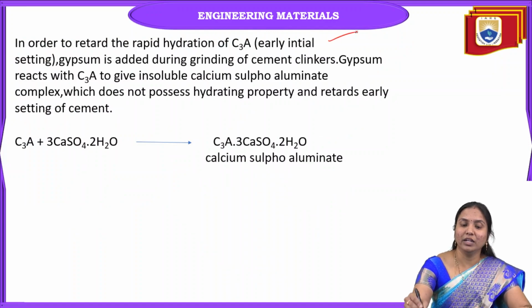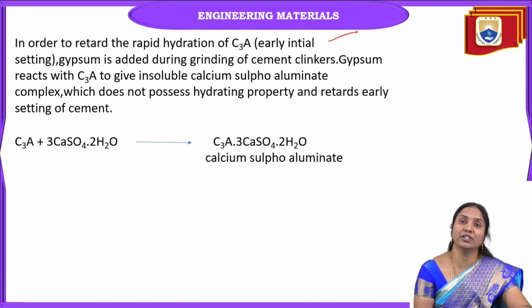In order to retard the rapid hydration of tricalcium aluminate, as we just discussed: when we mix water with cement, tricalcium aluminate is immediately hydrolyzed. To retard, to delay that, we add calcium sulfate, that means gypsum.